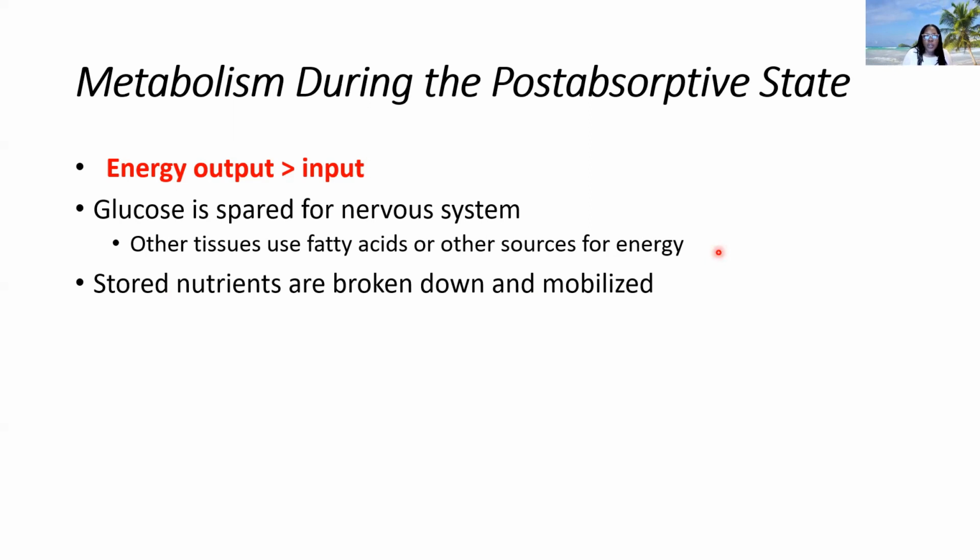We're also going to use stored nutrients. So stored nutrients that have been taken up in our adipose tissue, in our liver, in our muscles, those can begin to be metabolized and mobilized, and they can be used to sustain the body during this post-absorptive state until we can get to the next meal. So once again, we can already begin to see that if your energy output is outweighing your energy input, that can also lead to other types of imbalances, right?